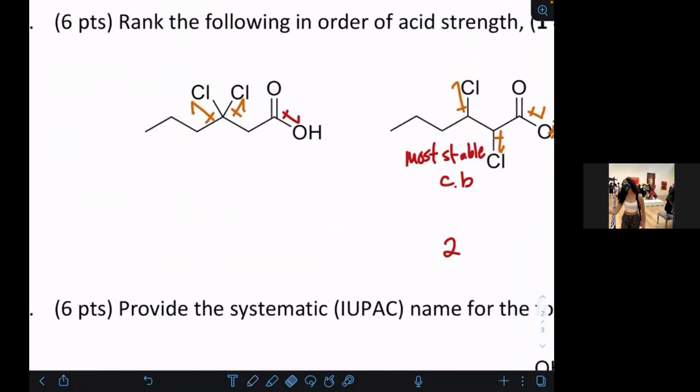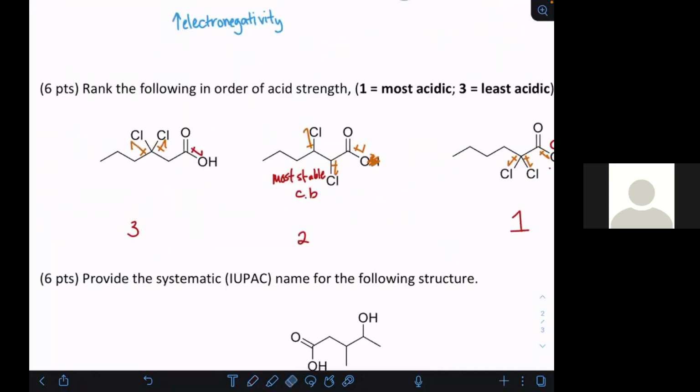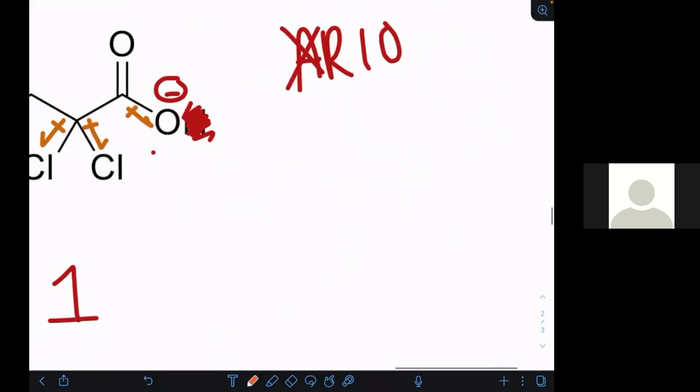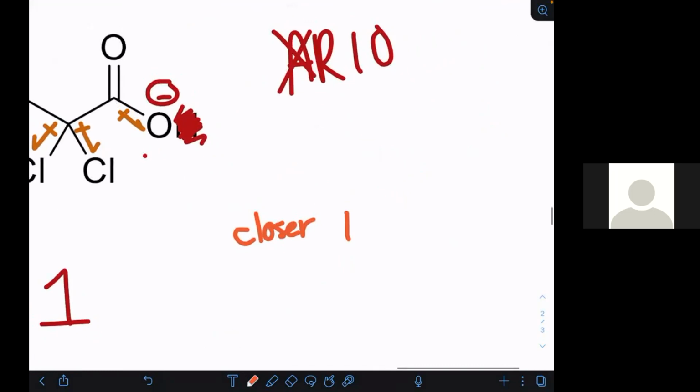Again, because of the electronegativity, the closer it is, the more acidic, because the conjugate base is more stable. Okay.